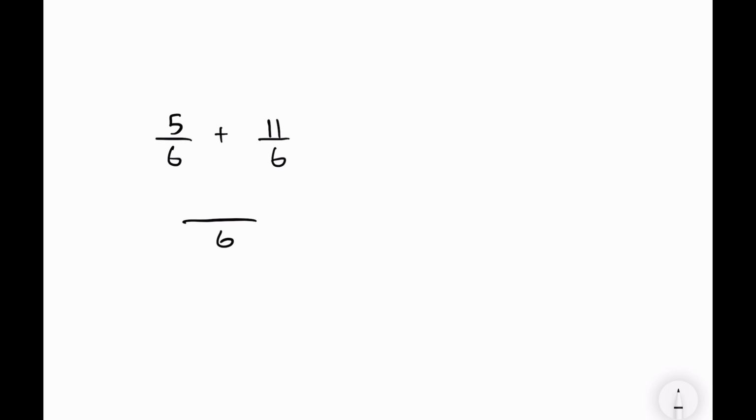6. 5 plus 11. Together, that gives me 16/6. Is there a number that can simplify both 16 and 6? In other words, is there a common number that divides both 16 and 6 without leaving a remainder?